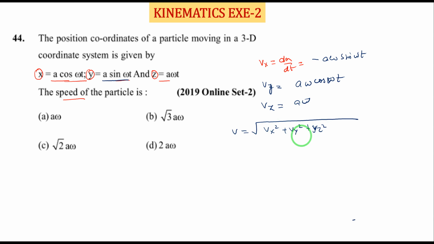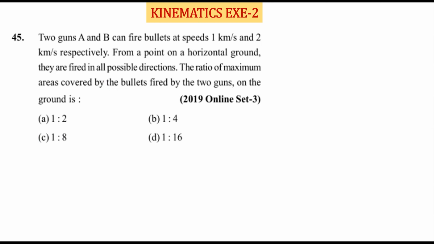So cos square and sin square are coming, which will become 1. So what we see here is 2a square omega square under the root after solving. So it is coming root 2 a omega. Answer is C.